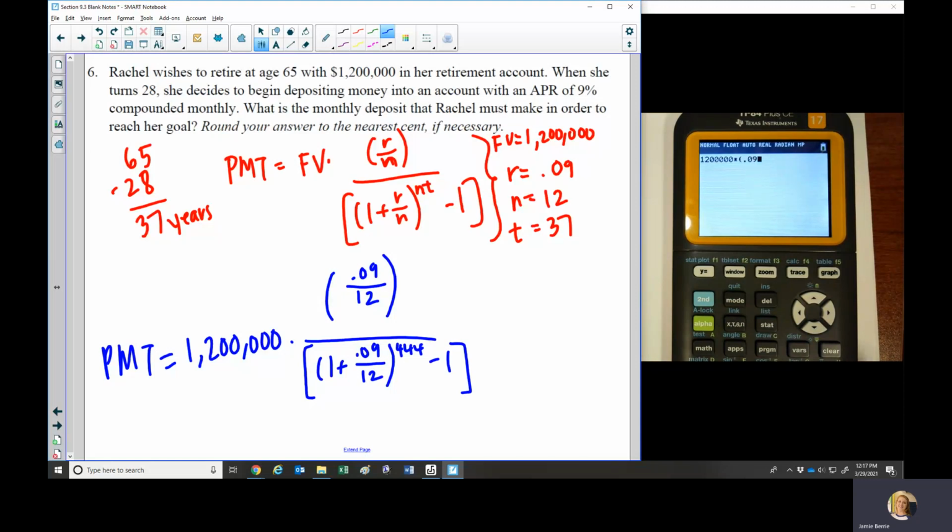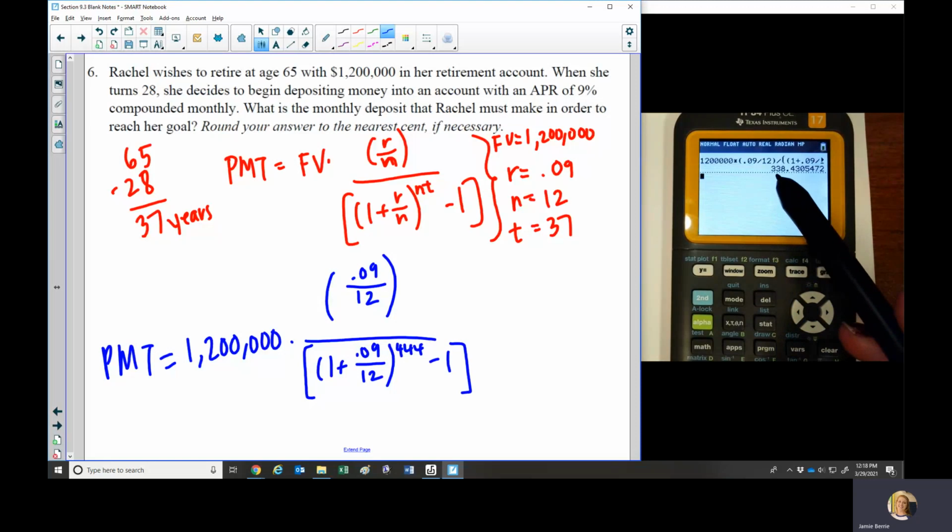So it's 0.09 over 12, close parentheses, divided by big open parentheses, again, 1 plus 0.09 over 12, close parentheses, raised to the 444, get out of the exponent, minus 1, close parentheses. All right, so Rachel needs to save $338.43 a month.